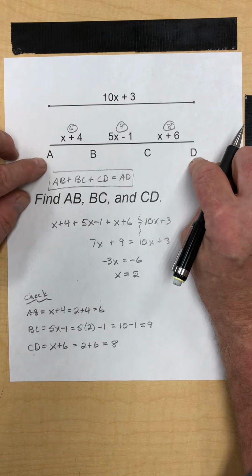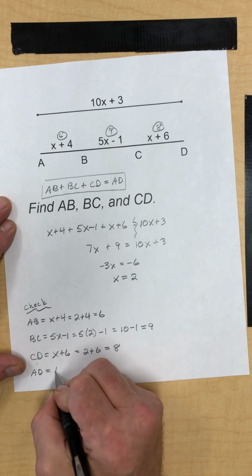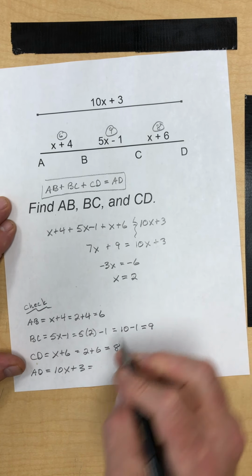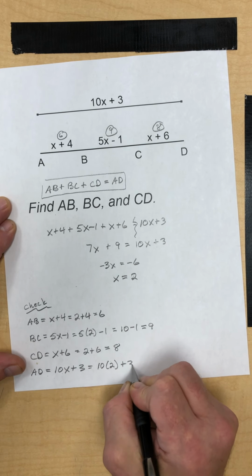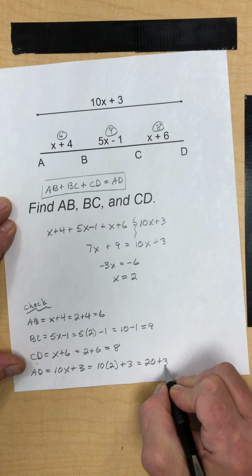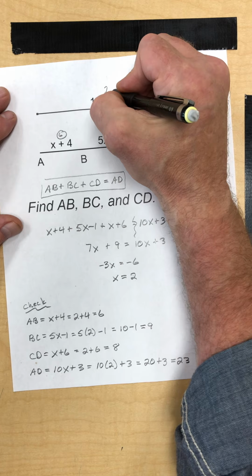So I've got to do AD all the way across. So my AD, which is 10x plus 3, I substitute the 2 in for x, so I get 10 times 2 plus 3, which is 20 plus 3, or 23. Okay, so this is 23.